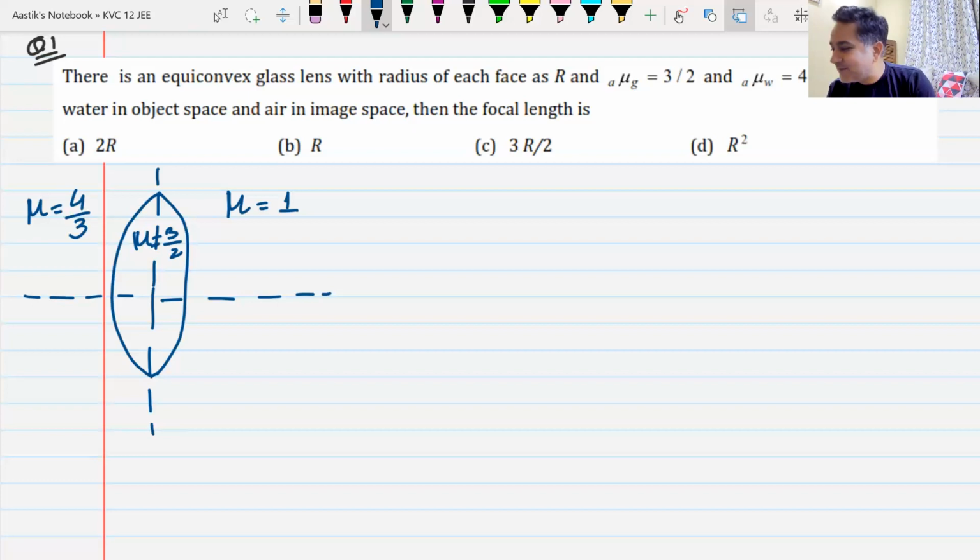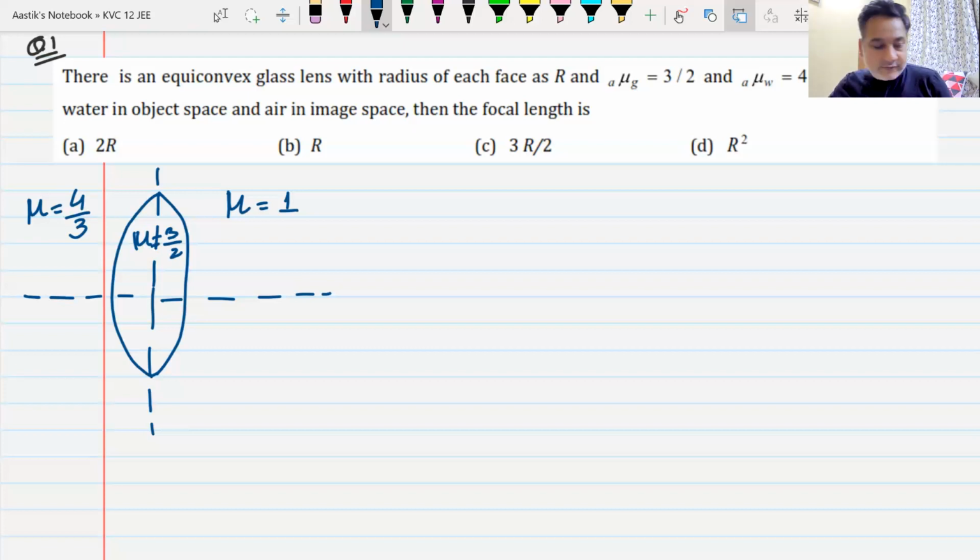I gave you a definition, my dear friends, and this is where the definition comes into the picture. If you remember this definition, you should be able to crack it. Parallel rays which pass through a lens and converge at a point, that point is known as the second principal focus.